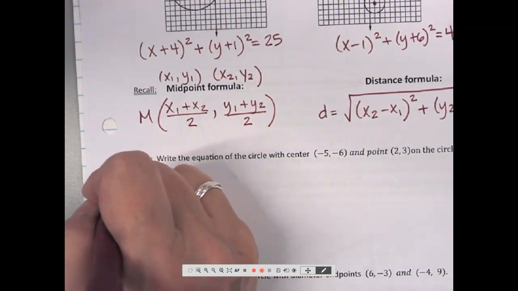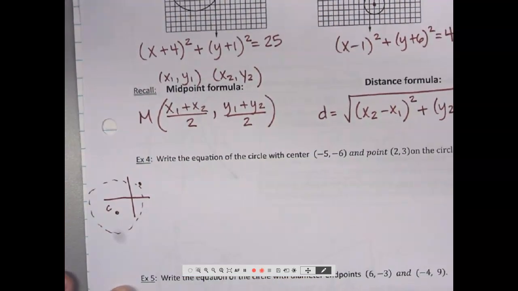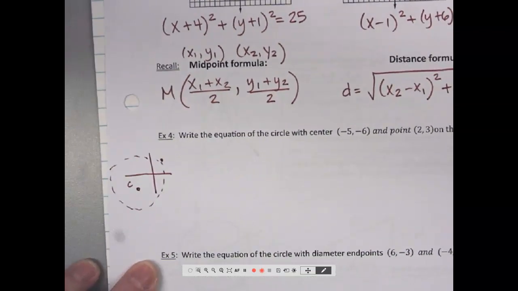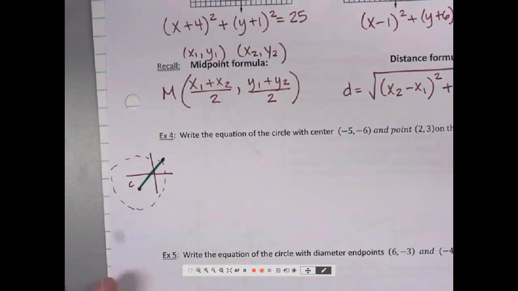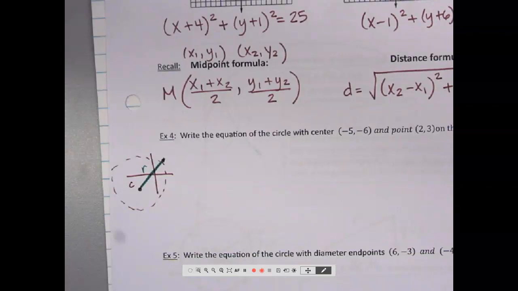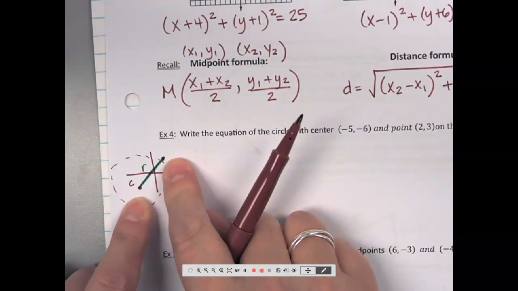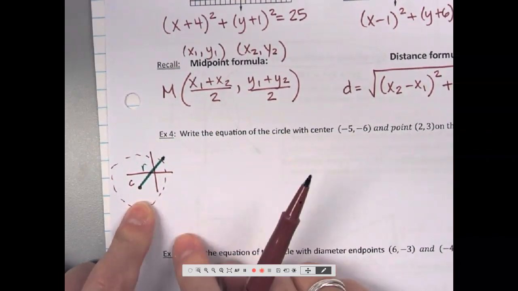That means that my circle is something like that. That's really bad, but just to give me a visual. Okay, well, what does this distance represent? The radius, exactly. So I'm going to have to use my distance formula between these 2 ordered pairs, but that distance will be the radius. So then I'll have the center and the radius.